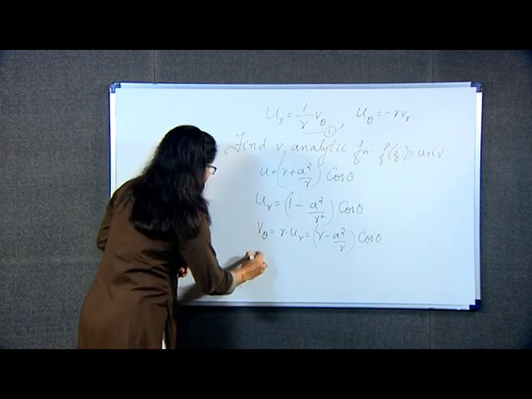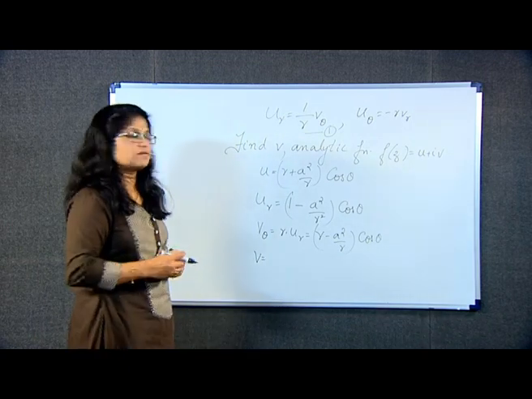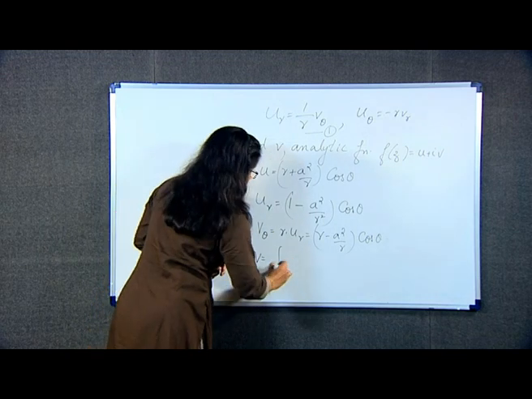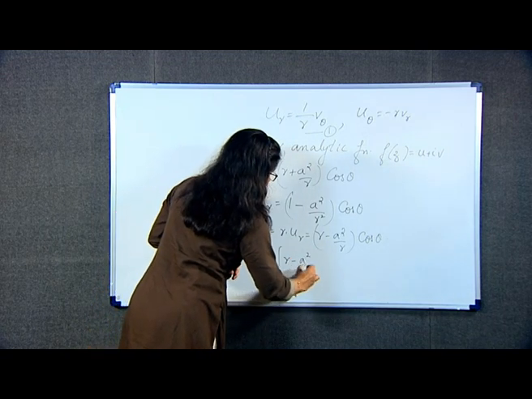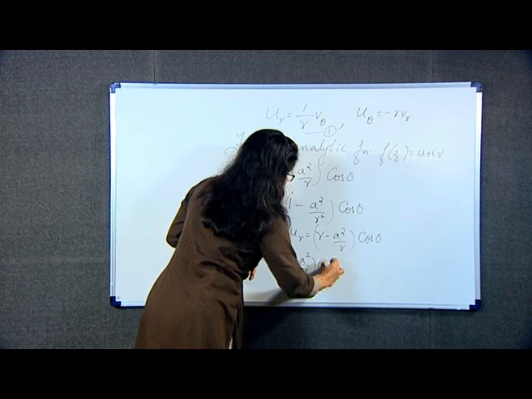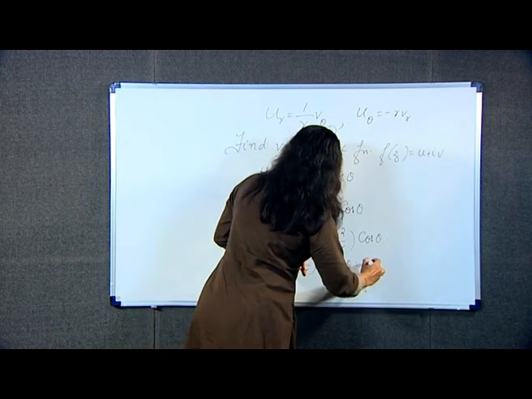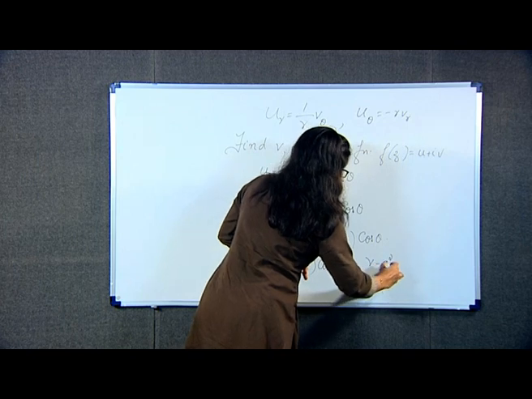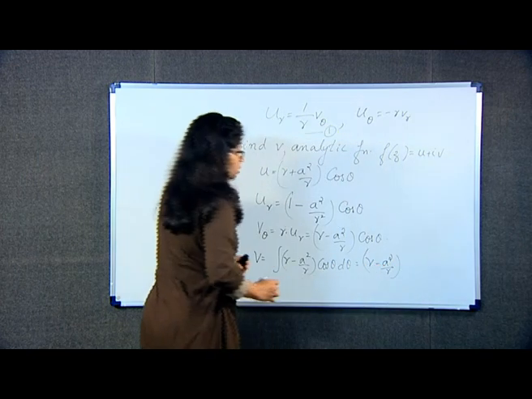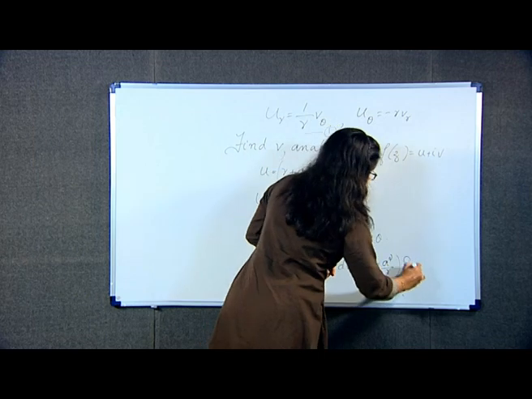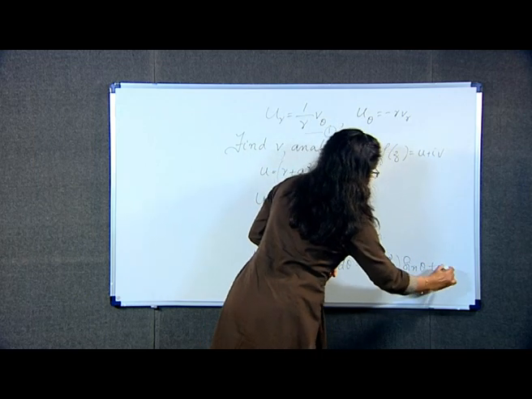Now, I have to find my v. So, I integrate this function on the right hand side with respect to theta. r minus a square by r is a constant, so the integral of cos theta is nothing but sin theta plus c.